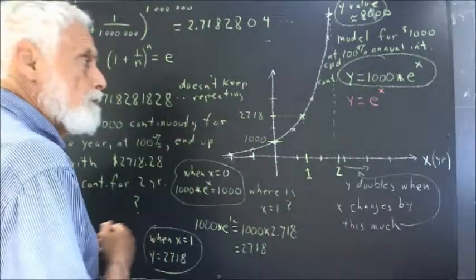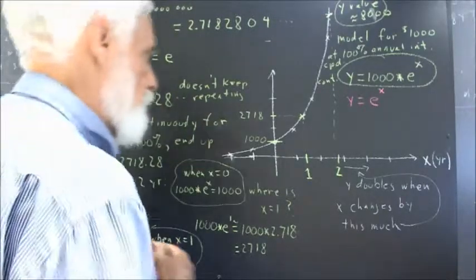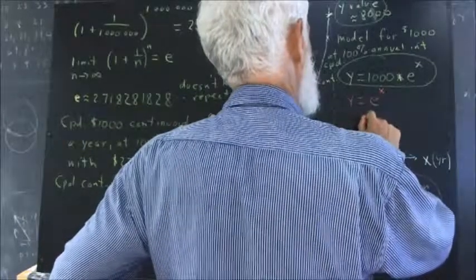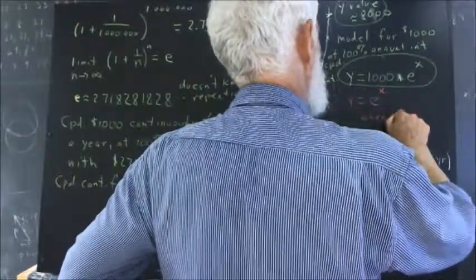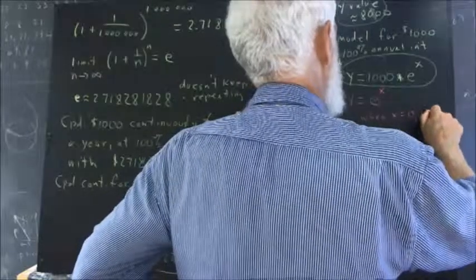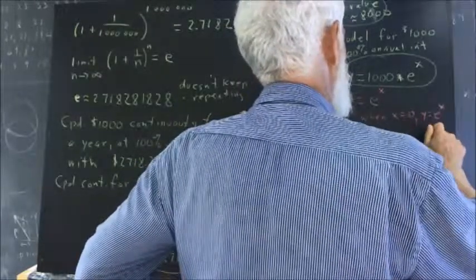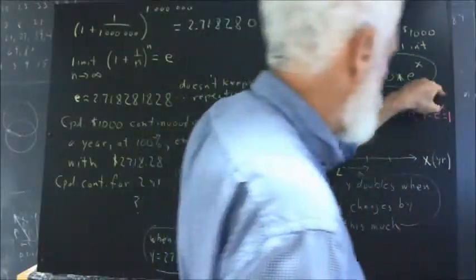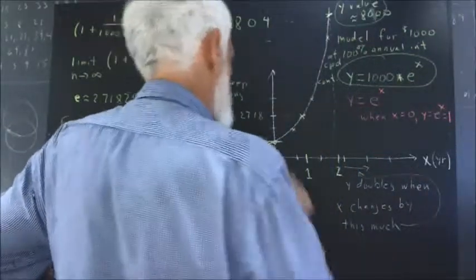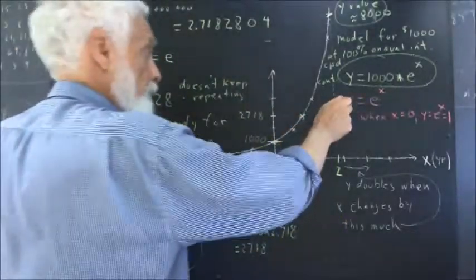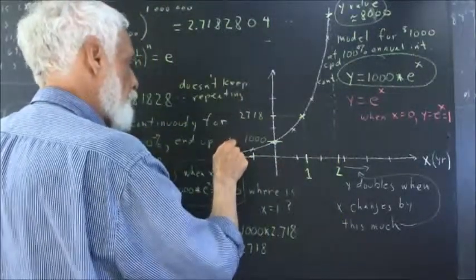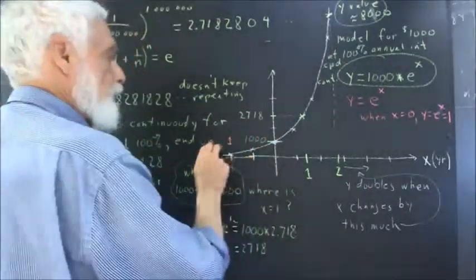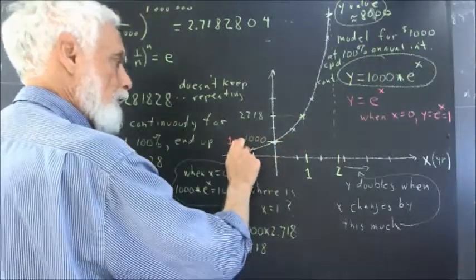So I'm going to say that when x equals 0, y equals e to the x is equal to 1, because e to the 0 is 1. So when x equals 0, this red function would have to have value 1. So I'm going to double label this point here on the y-axis. And I'm going to label it as having value 1.